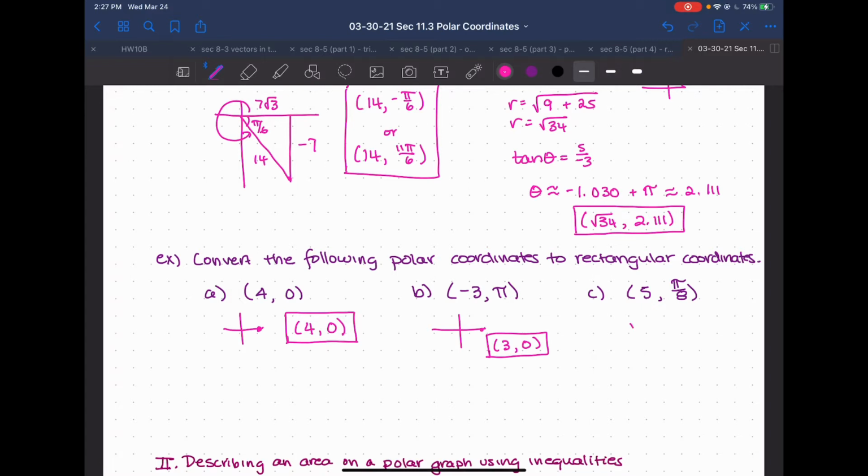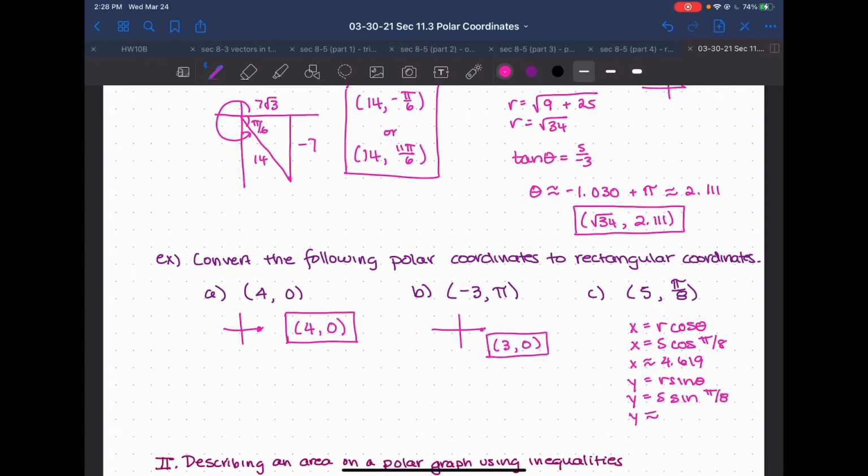For the last one, we're going to have to go back and use our formulas. So x is r cosine theta, which is 5 cosine pi over 8. When we do it, we get about 4.619. Y is r sine theta, which is 5 sine pi over 8.